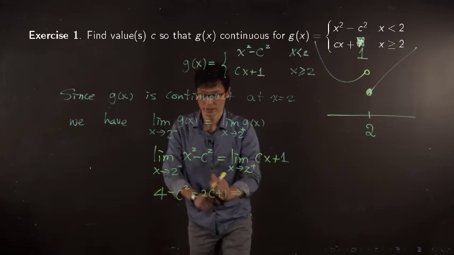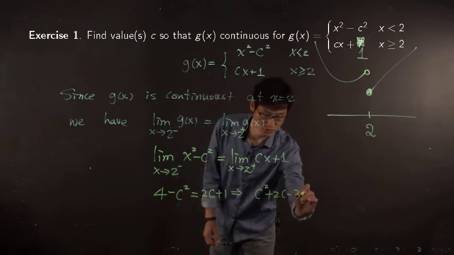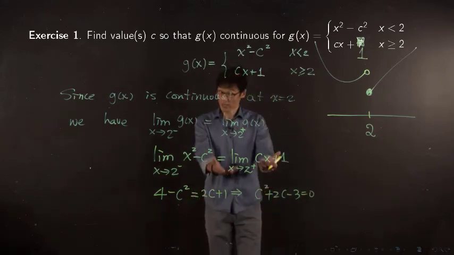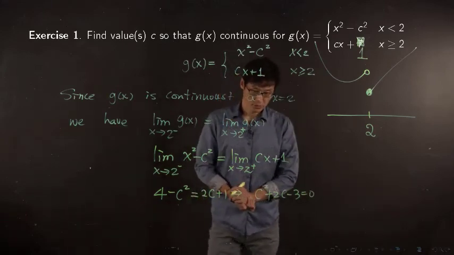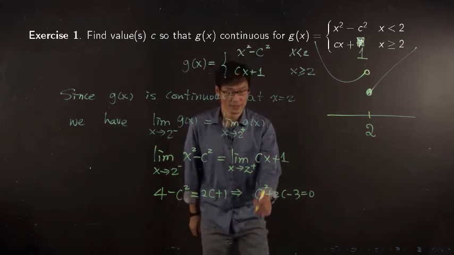So if you rewrite, we have c squared plus 2c minus 3 equals 0. So we have a somewhat nice quadratic equation. You can use factoring or the quadratic formula.